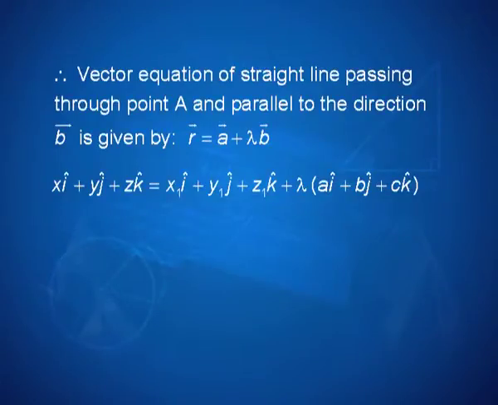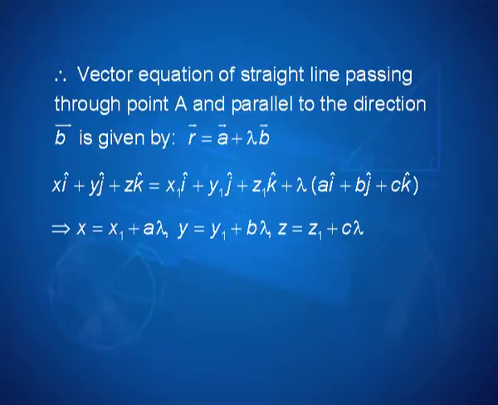If I equate the i cap, j cap and k cap coefficients, which are nothing but the components of the vector in the 3 directions on the 2 sides, I get x is equal to x1 plus a lambda, y is equal to y1 plus b lambda, z is equal to z1 plus c lambda.